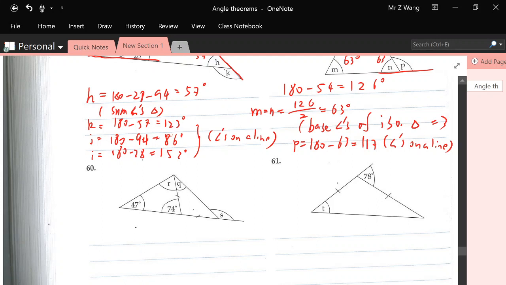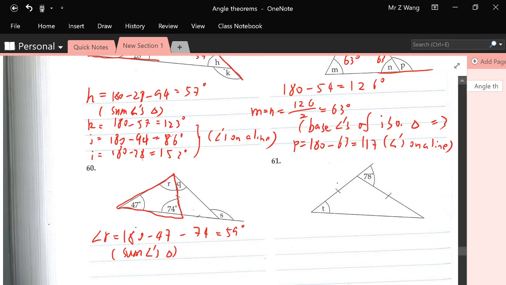Okay, focusing on this triangle, we can figure the R. 180 minus 47 minus 74. This is 121, and that's 59 degrees. Now the reason is angle sum of triangle.